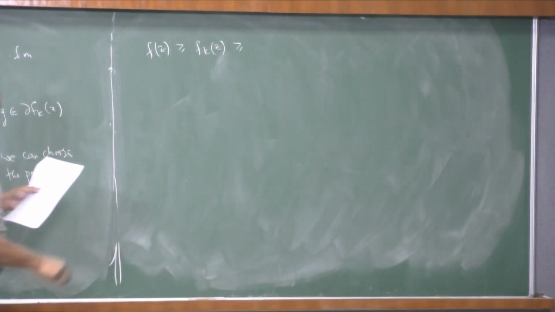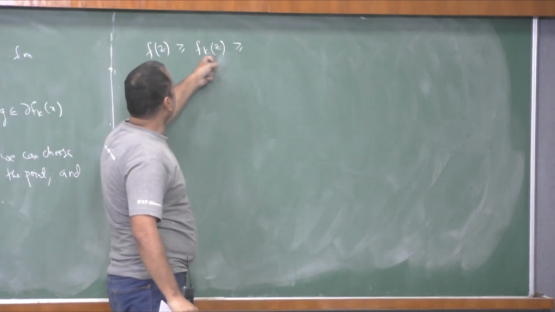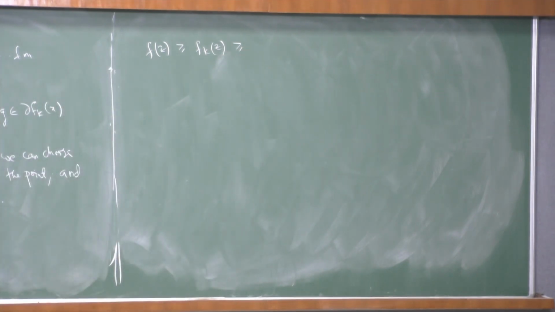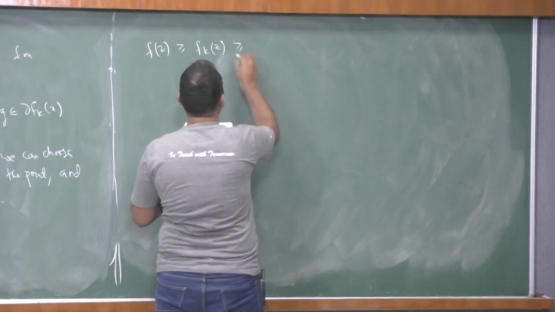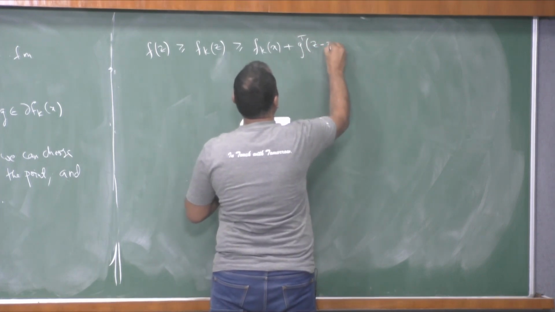And fk itself, since I am picking g as the subgradient of fk, we have fk(z) greater than or equal to fk(x) plus g transpose (z minus x).